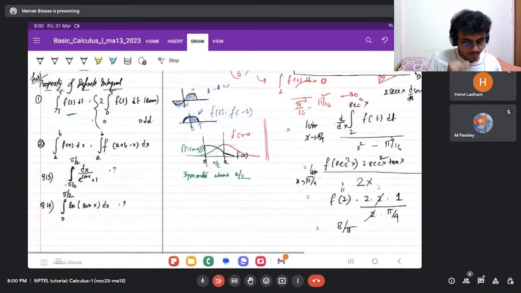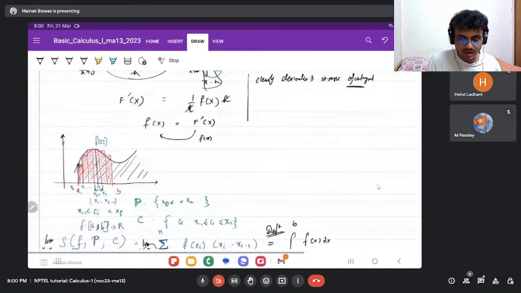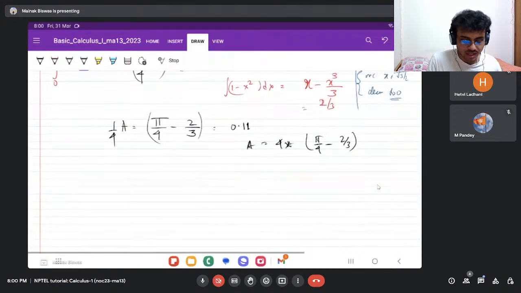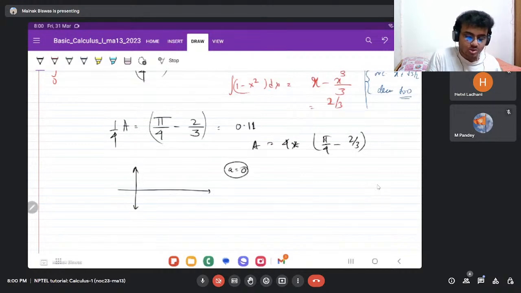The second thing we'll be using is the integral from a to b of f(x) dx is equal to the integral of f(a plus b minus x) dx. So I'll show you why this is true. I have the proof there, but I'll do it again for you to understand. If I'm taking a to be 0, I can always do that, right? Without loss of generality, because I can always recenter a curve at 0.